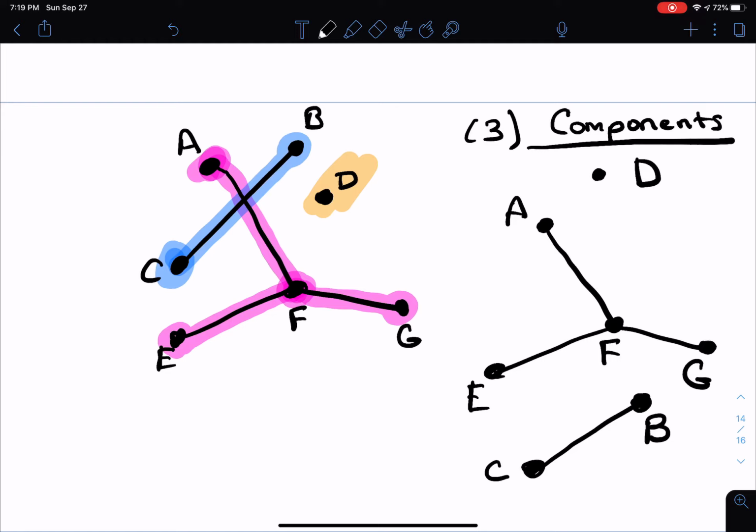It all has to be somehow connected. Or maybe blue and pink both need to connect to D, vertex D. So you need at least 2 edges. You could add more. There's nothing wrong with adding more edges if you wanted to or needed to. But that's pretty much it.